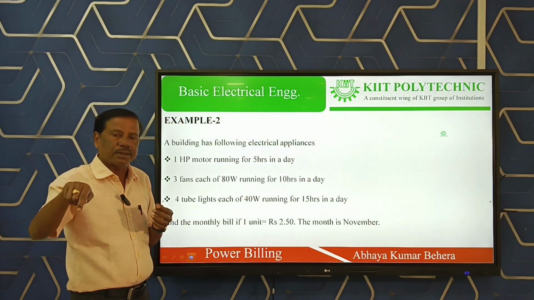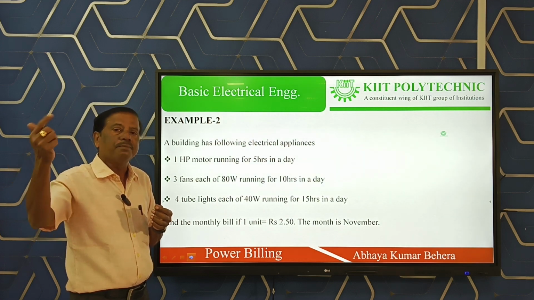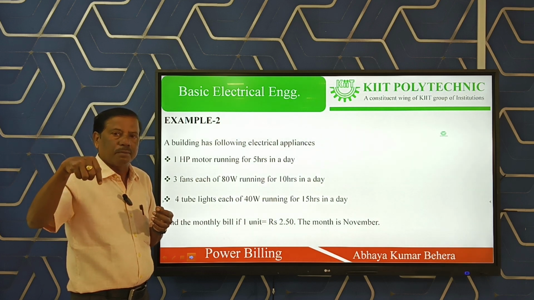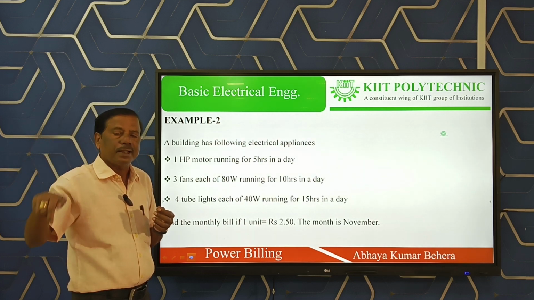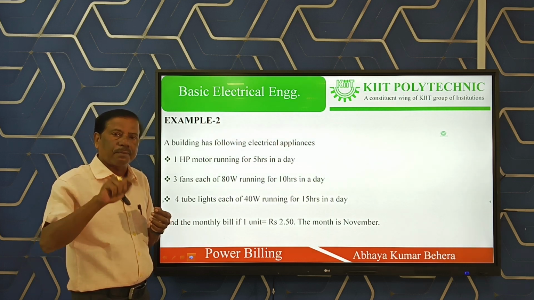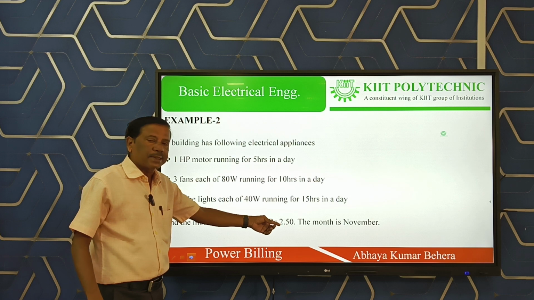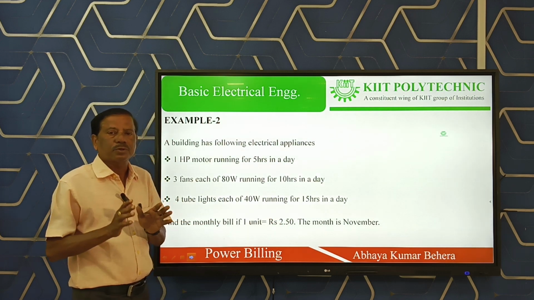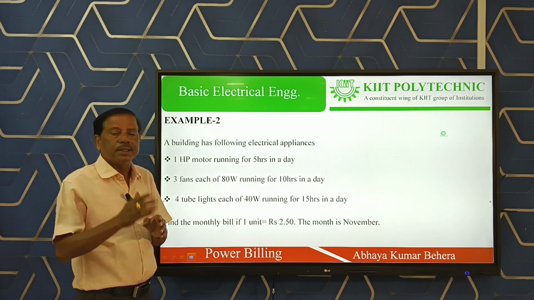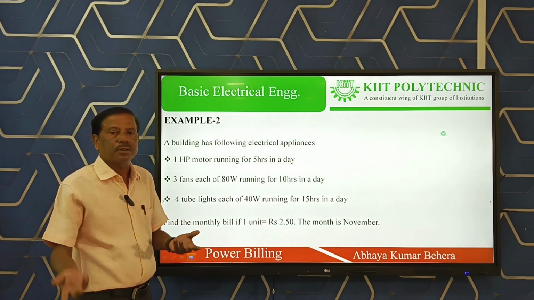Then you divide it by 1000 to make it kilowatt hour, because 1 kilowatt hour is 1 unit. It will be easy to know how many units are consumed per day. After the per day units are known, multiply by 2 rupees 50 paisa per day you have to spend. Then for the month of November it is 30 days, so into 30, that will give the cost.